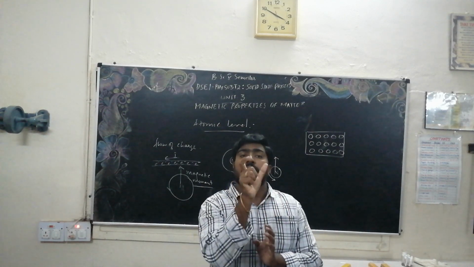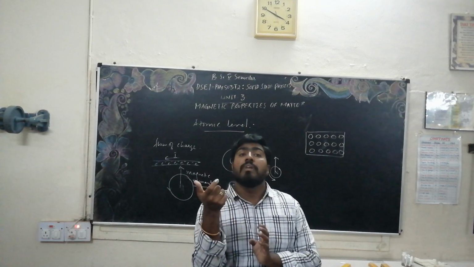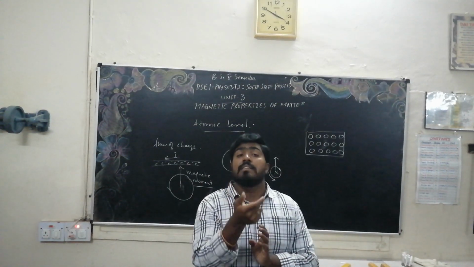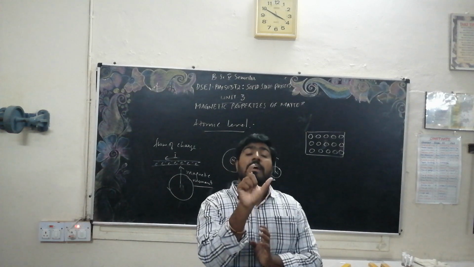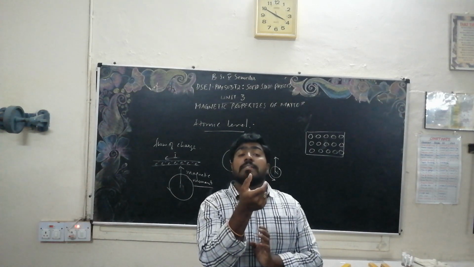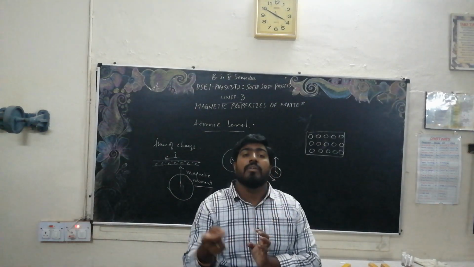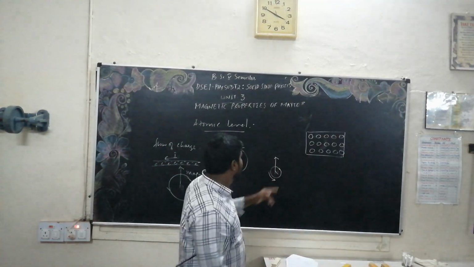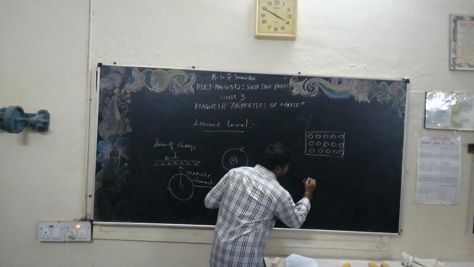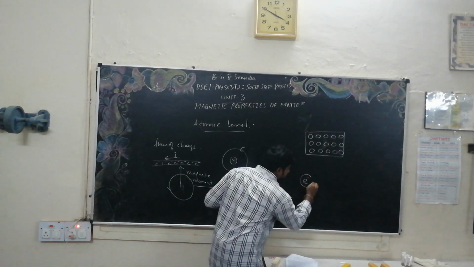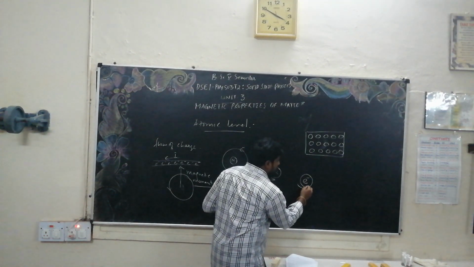In the same way as the nucleus is spinning on its own axis, the electron also spins on its own axis, as well as revolving around the nucleus.